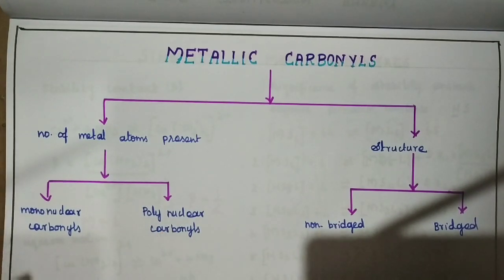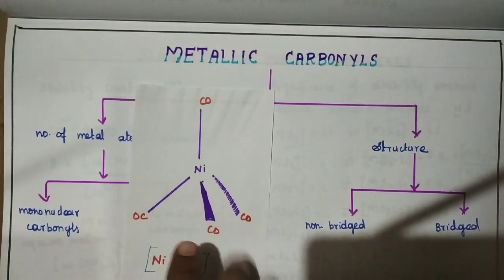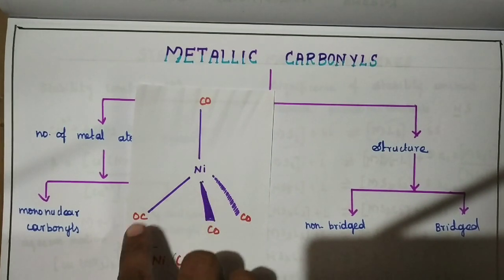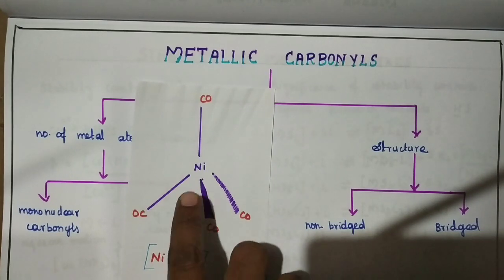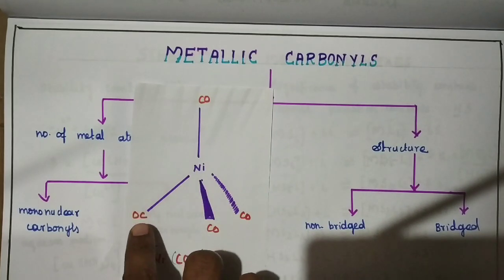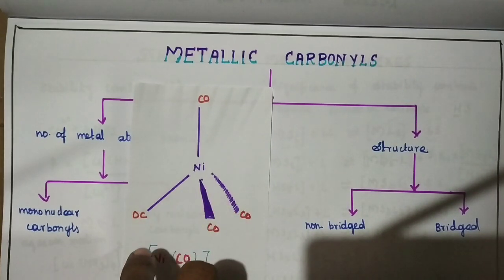Mononuclear means only one metal atom. The first example is nickel tetracarbonyl: only one nickel central metal ion, then four ligands, all carbonyl.